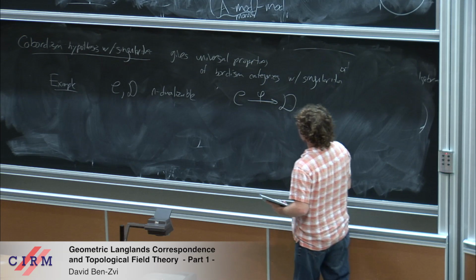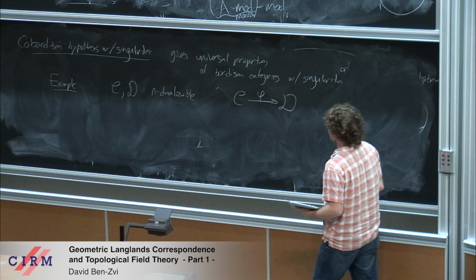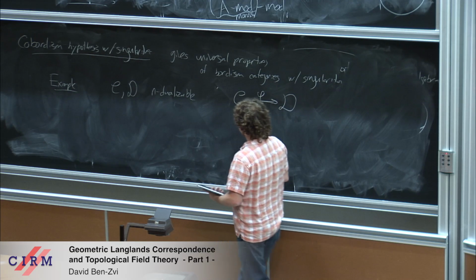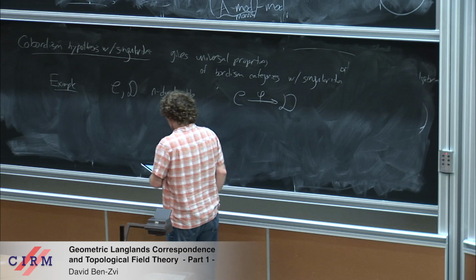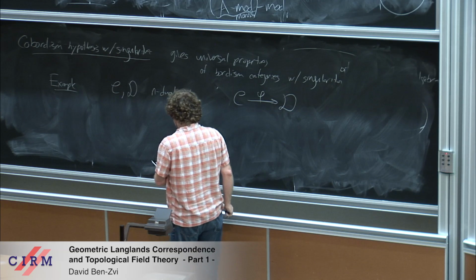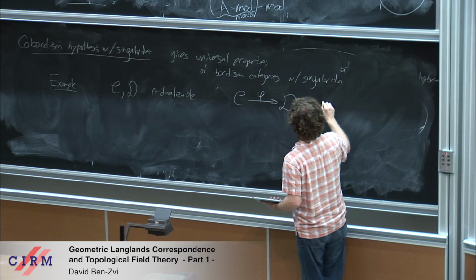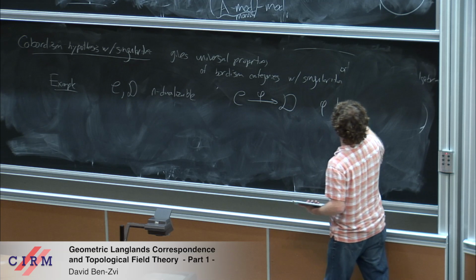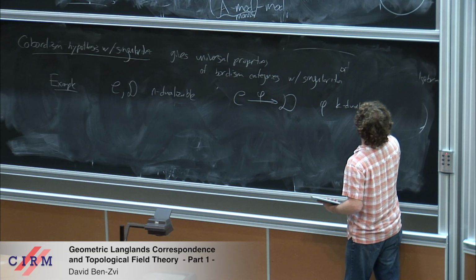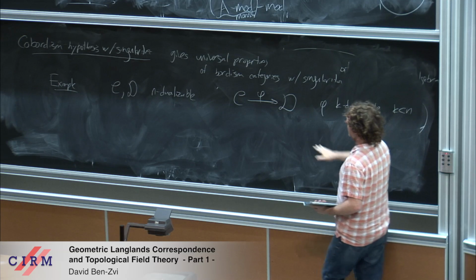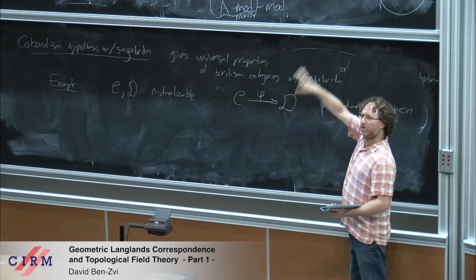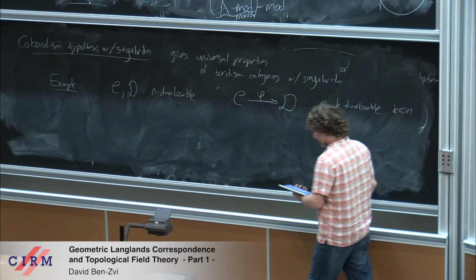So if you really look for n-dualizable maps, there aren't any interesting ones. You only get a groupoid. But we can ask for this map to have weaker dualizability properties. So we can ask for phi to be k-dualizable for some k less than n. We can look at maps between dualizable objects that don't have all the adjoints that you'd want all the way up, just some of the way up.